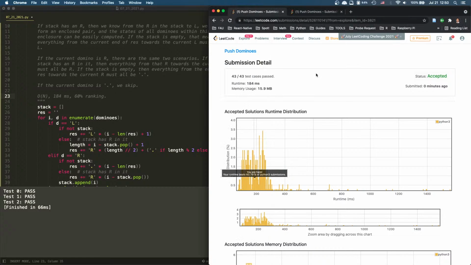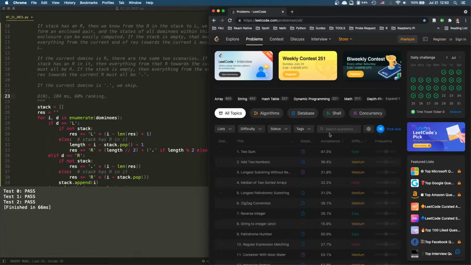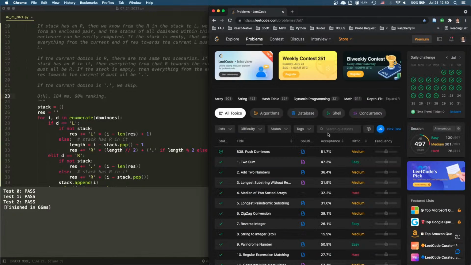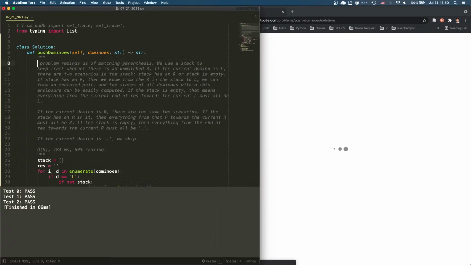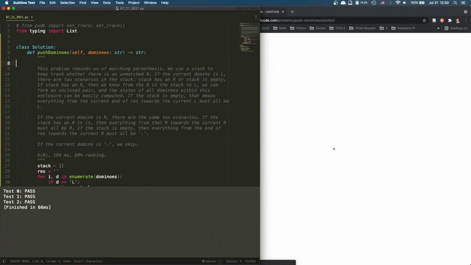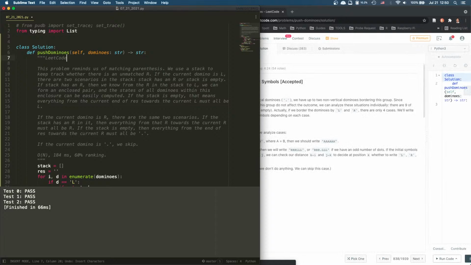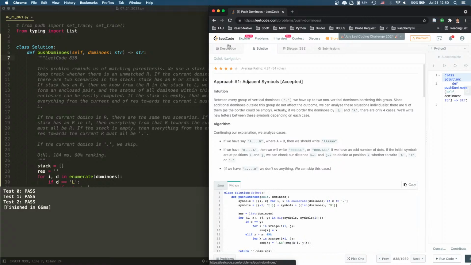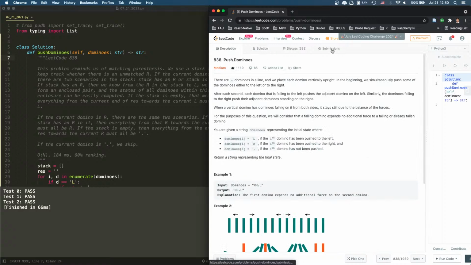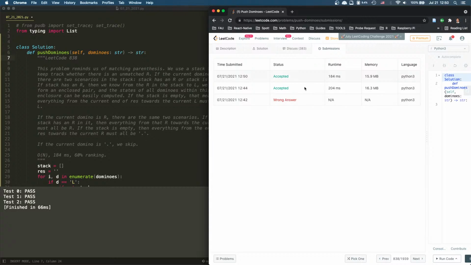All right, now it's time to look at medium question 838. So LeetCode 838. Give it an upvote. I like this one. Try it 3 times.